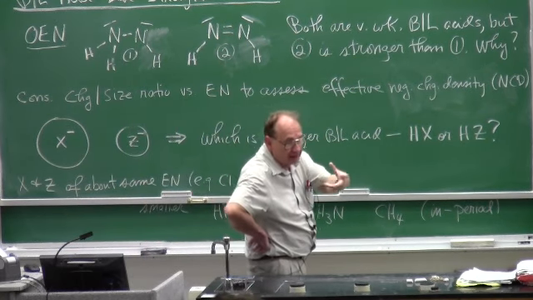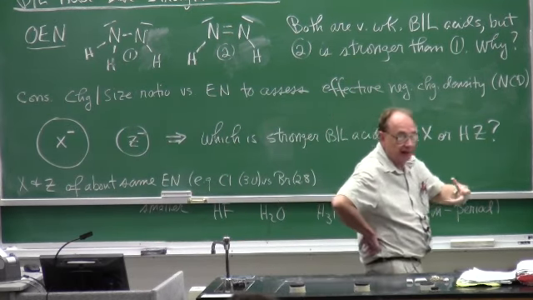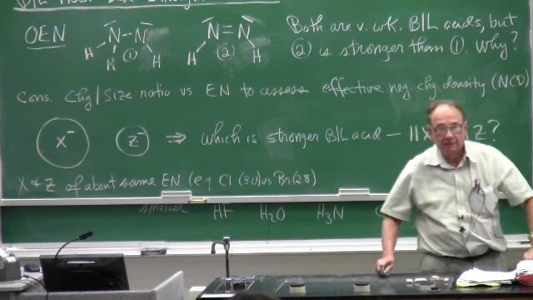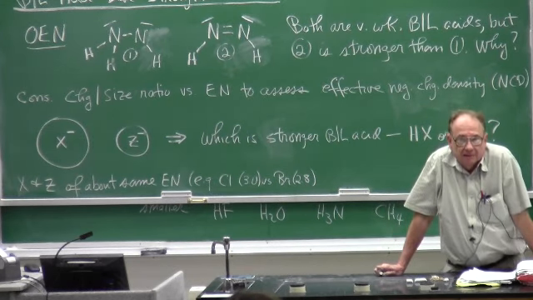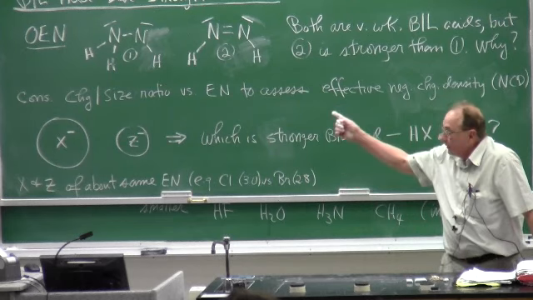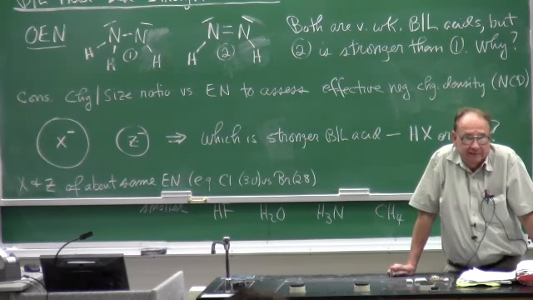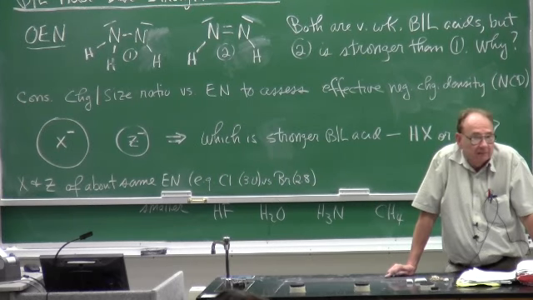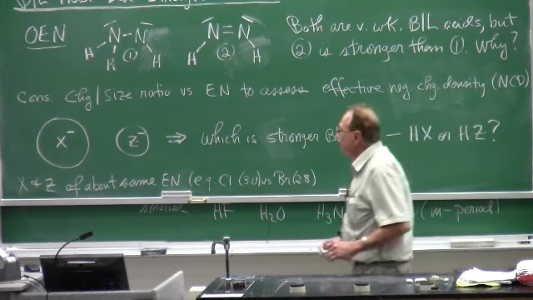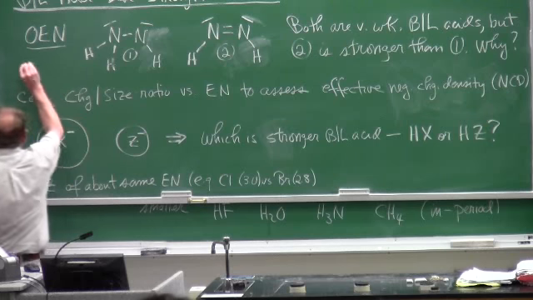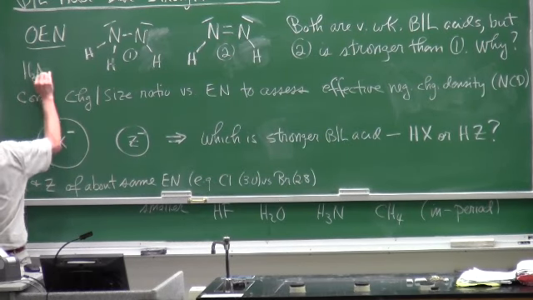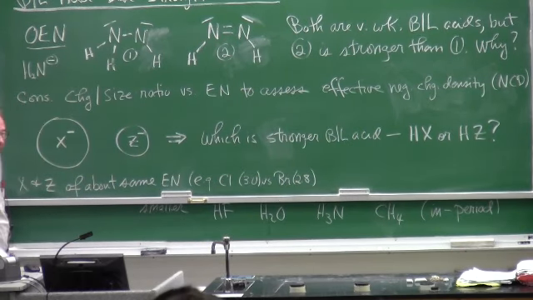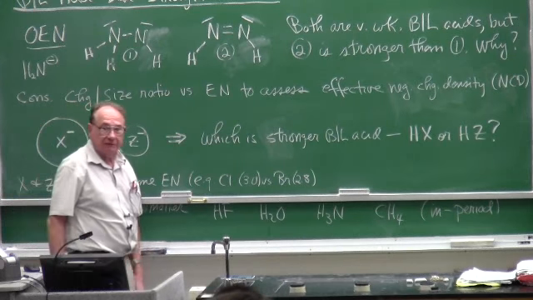Now I told you, if you think carefully about this, you'll realize why ammonia is a weaker acid than either of these. They're all very weak acids, as we've already noted. Well, what I'm telling you with that statement is that the amide ion is a stronger base than both of these.